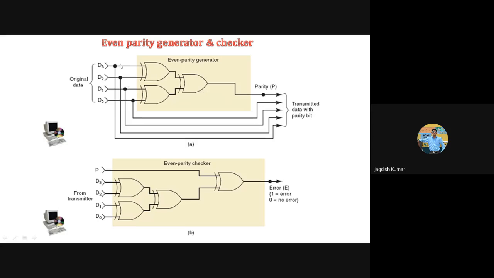Why? If the parity of these 4 data bits is even, means the number of ones in this data is even.